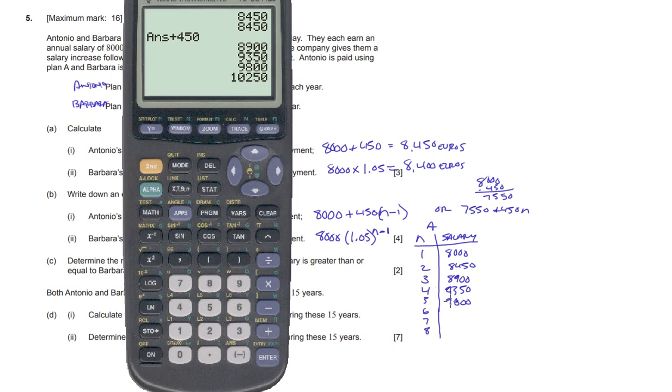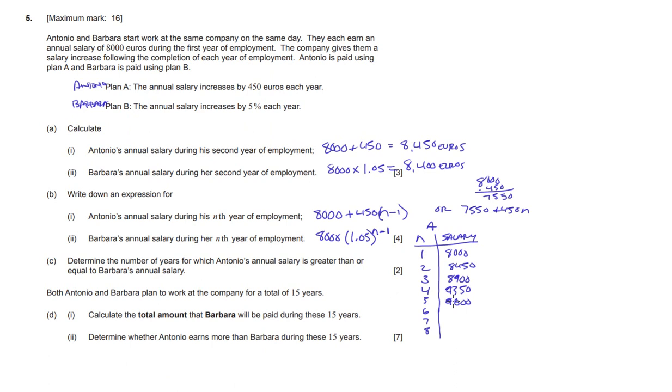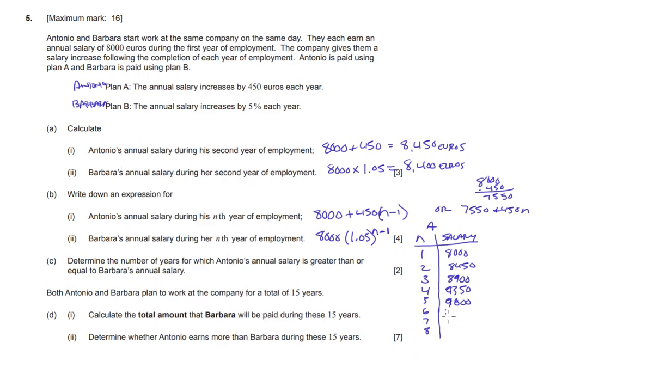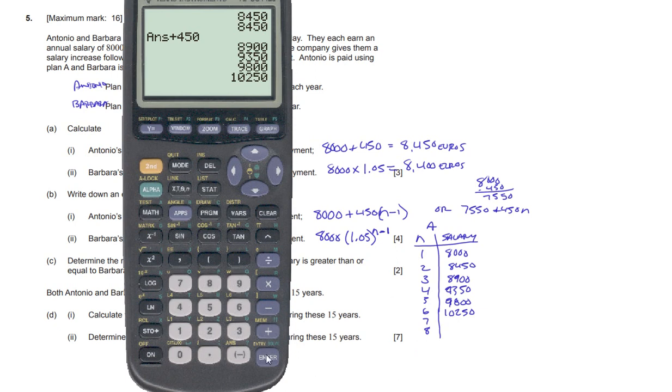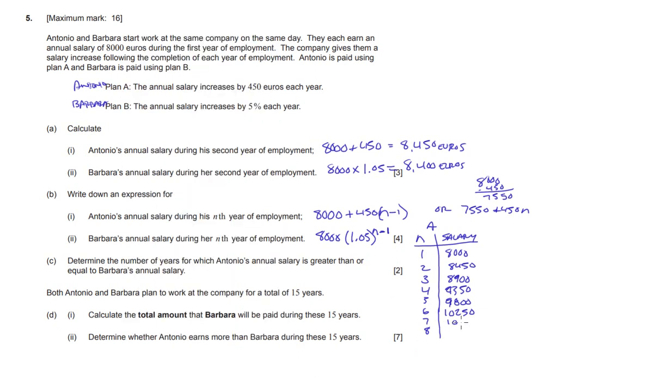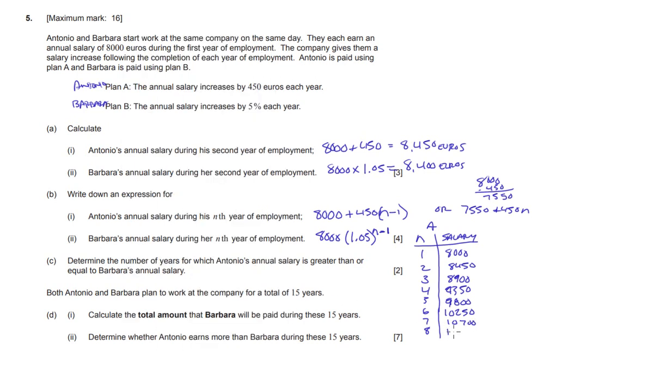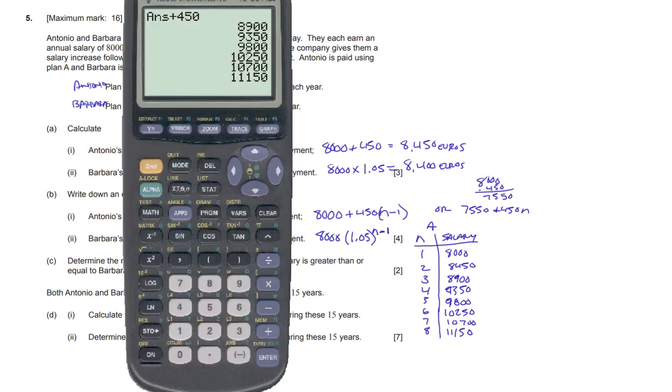And again, you want to make sure your handwriting is legible. That could be misconstrued as a 7, so I'm going to make sure that looks like a 9. 10,250. And then 10,700. And then 11,150, I believe, right? Yeah. Okay, so let's see if it happens to intersect.